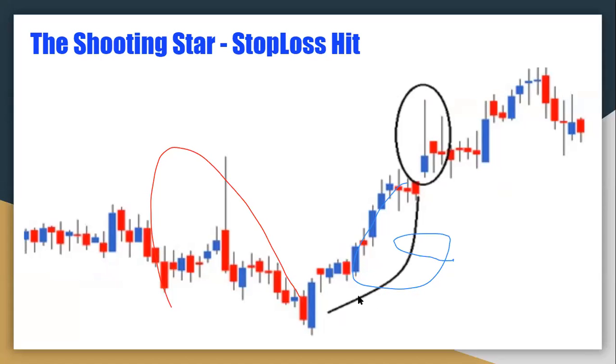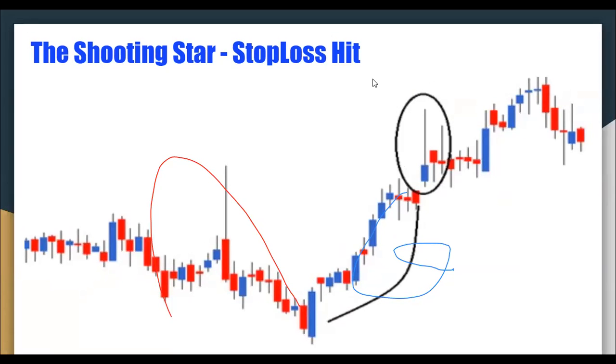Here again, in an uptrend, a shooting star occurred, but see here the stop loss is hit, even though in this example the stop loss is hit for both the risk taking trader as well as the conservative trader.